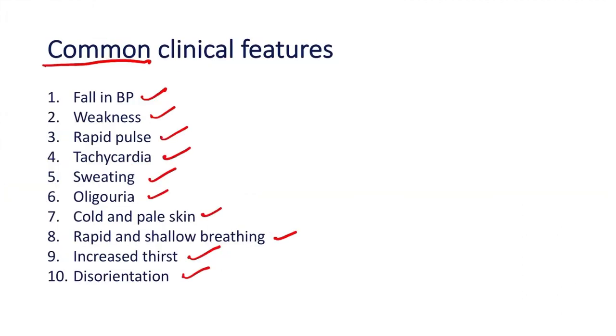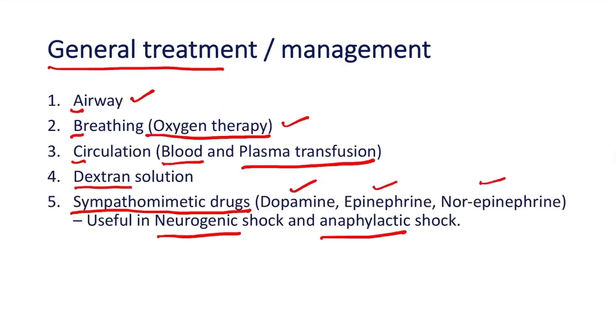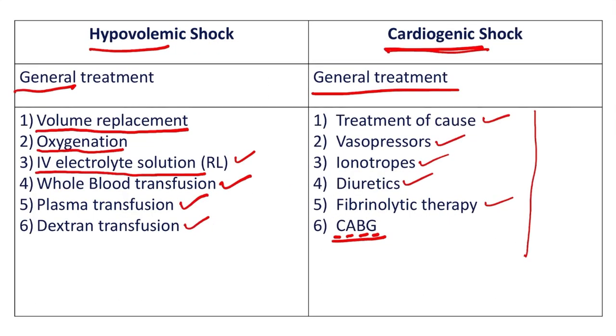Then clinical features are important, and the physiological basis of treatment of shock. Here the type and the cause of the shock are important, and this is the general treatment which you should know, and this is the specific treatment. In hypovolemic shock, volume replacement is the important treatment, and in cardiogenic shock, treatment of the cause is important. So this is all about shock. Thank you.